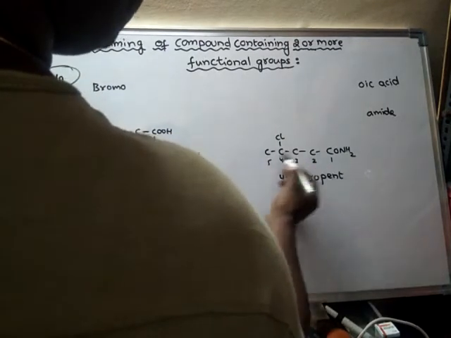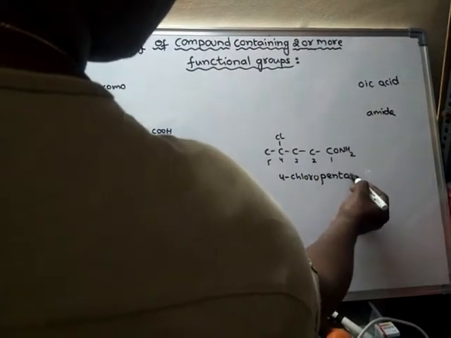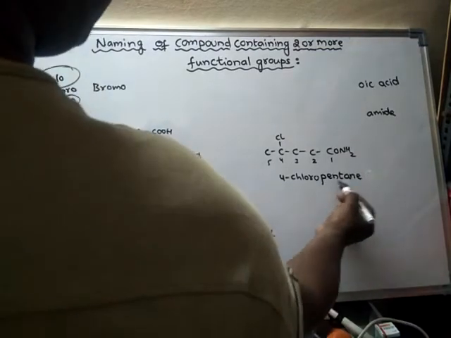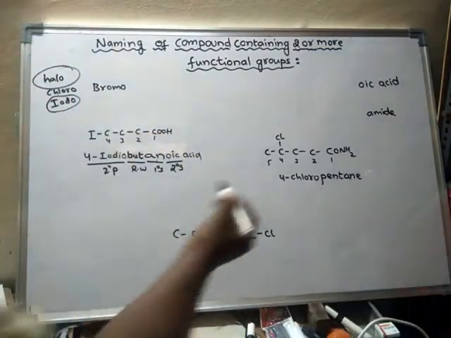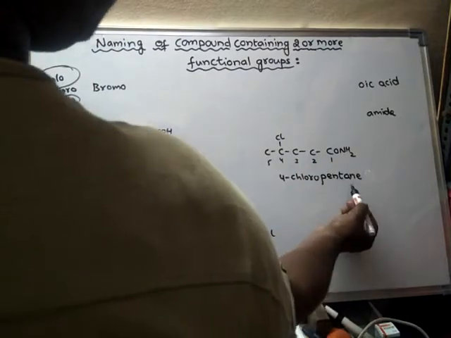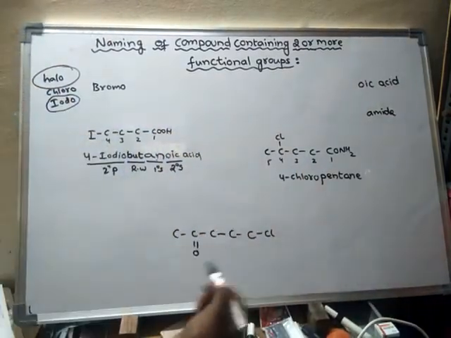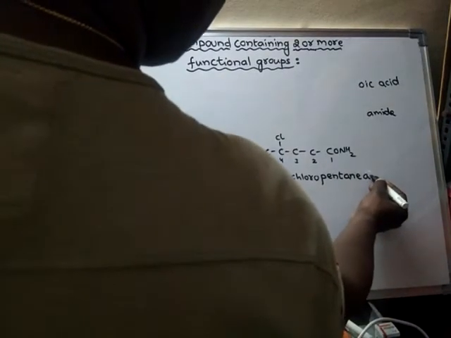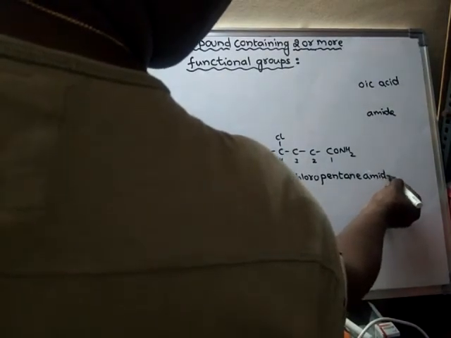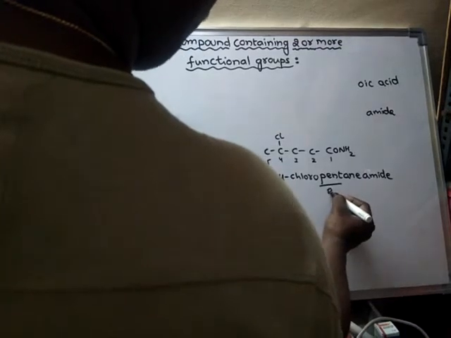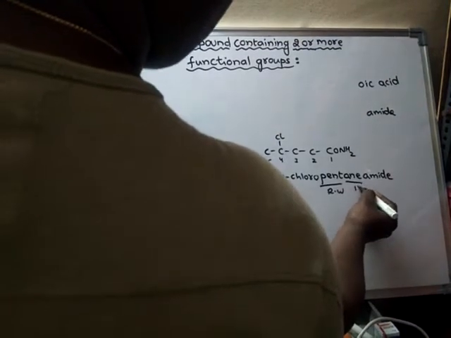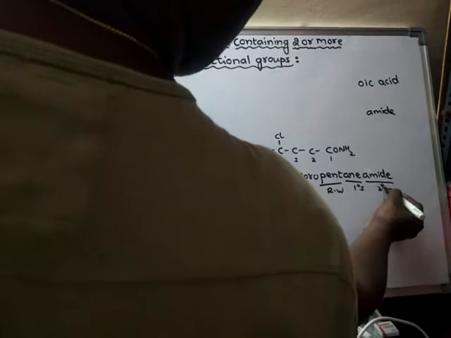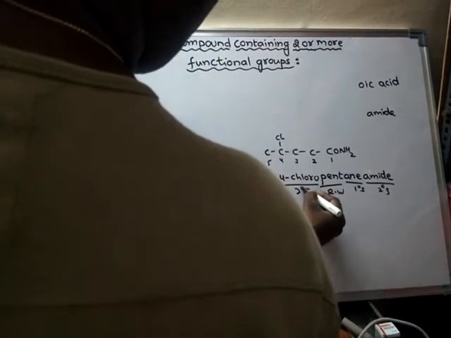Between carbons there is a single bond, hence pentane. When there are only single bonds between carbons, we have to use ane. And this is amide. So pent is the root word, ane is the primary suffix, amide is the secondary suffix, and this is the secondary prefix.